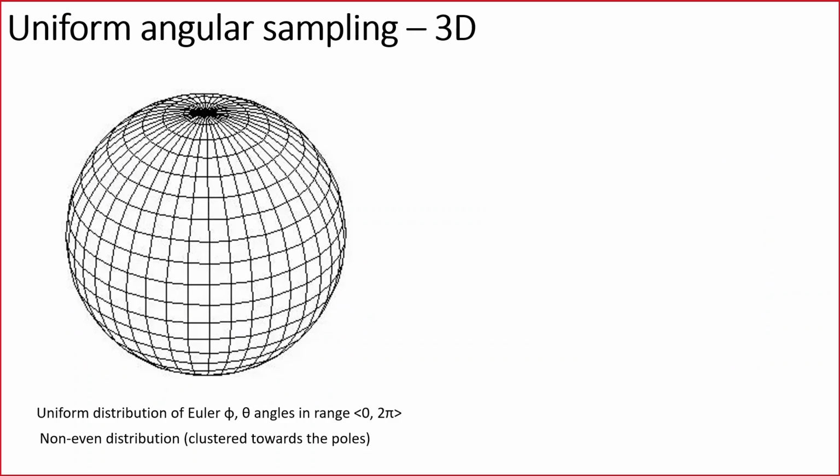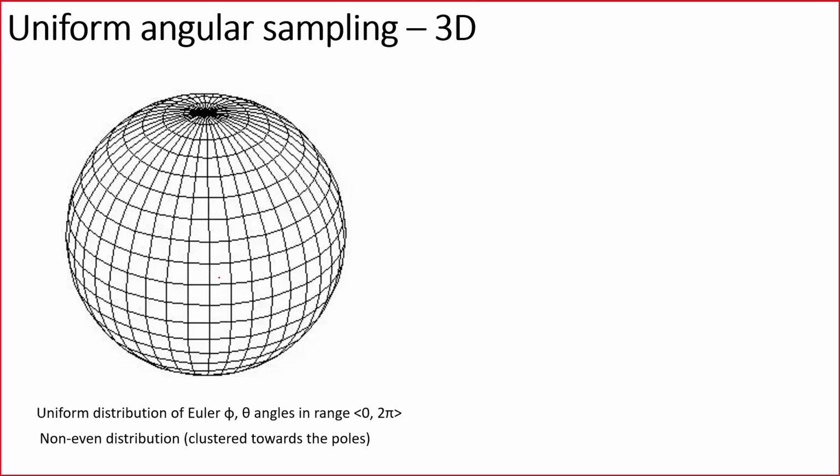However, in 3D, uniform angular sampling is a bigger problem. The reason is that if we combine all these 30-degree steps with the phi and the theta angle, then we get something like this on the globe.